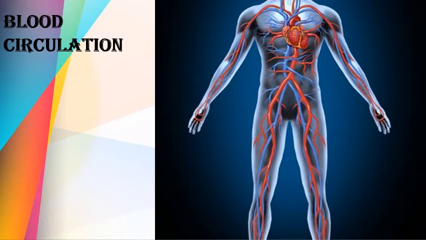Each and every part of our body gets the pure blood with the help of these blood vessels. So this is nothing but blood circulation, or the circulatory system. Okay?